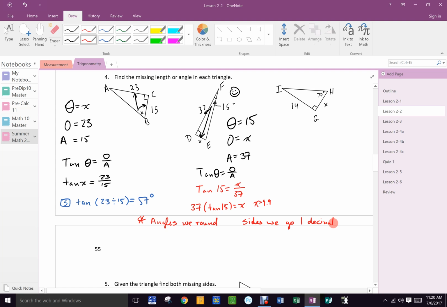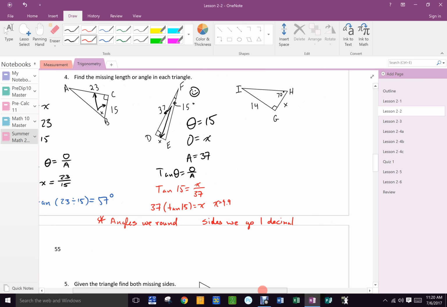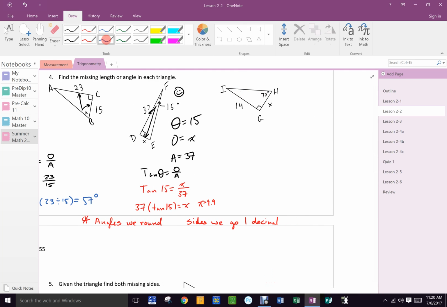Generally. Everybody cool with that? And the reason is simply because angles, we don't divide them into points. We don't divide them into decimals. They're like time. All right, so I'm going to shut up for a second, and I want you guys to tell me what you would write over here to do this right.